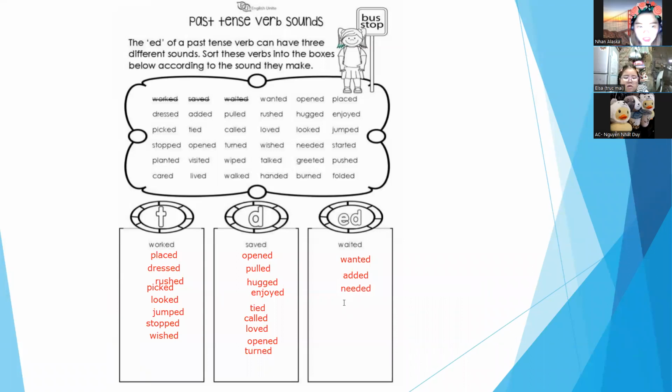Id. Good. Planted. Id, right? Remember, Elsa, id is for endings in T or D. So it ends in T. That's why the sound is id.